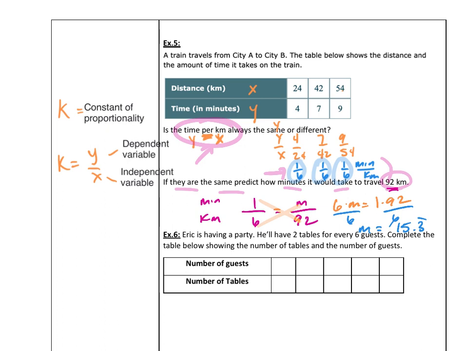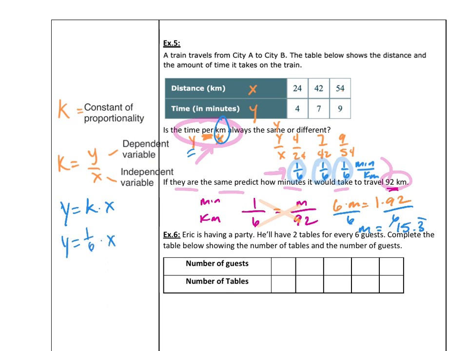Now there's another way to do this, okay? If you look at it, we have a formula that we're going to talk about, y equals k times x, right? And they said x was our kilometers and y is our time, right? And we said our constant of proportionality was 1/6. So you could say that y equals 1/6 times x.